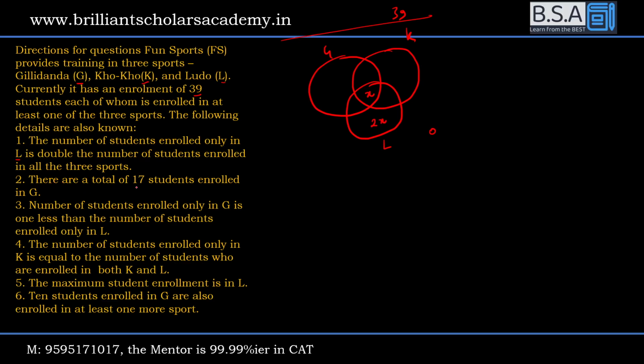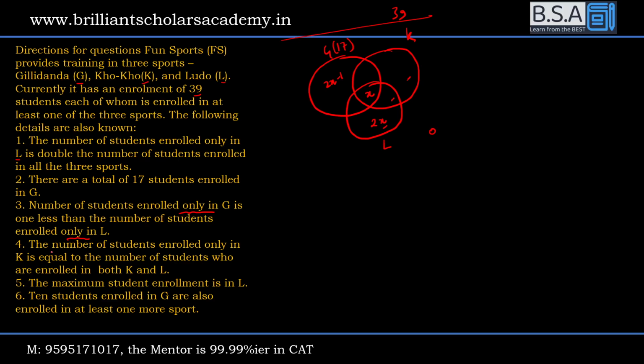There are a total of 17 students in G. Gilli danda, there are 17 participants. There is nobody outside, so this and this is 22. These dashes are 22. The number of students enrolled only in G is one less than the number of students enrolled only in L. So this is 2x, this is 2x minus 1.